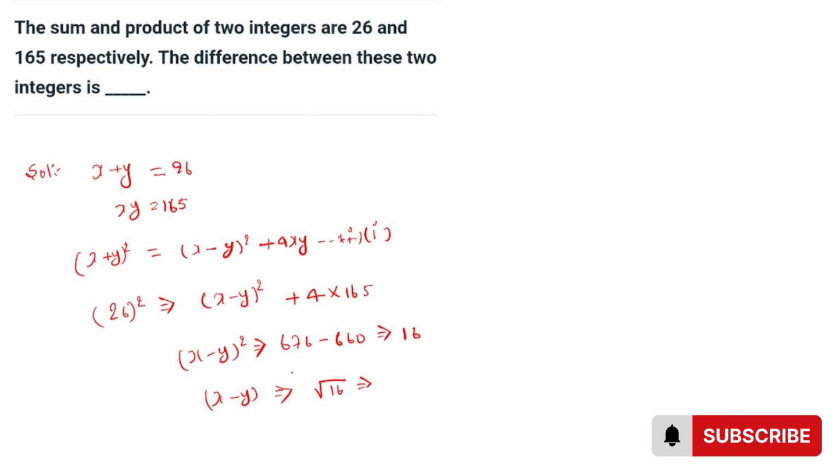That's why 4 is the answer to this question. X minus y is 4, so 4 is the answer.